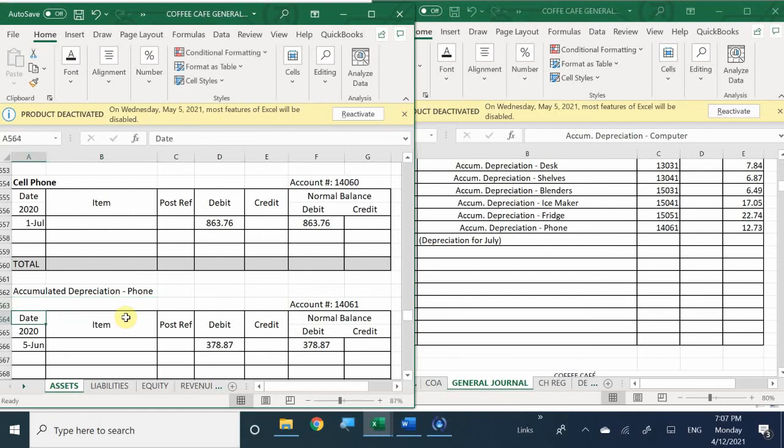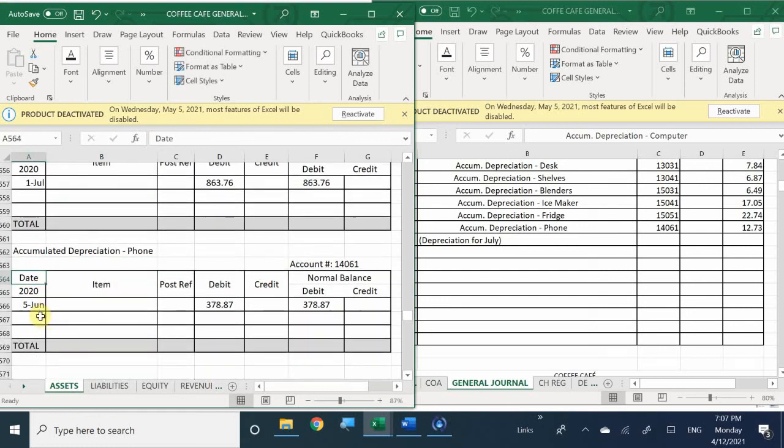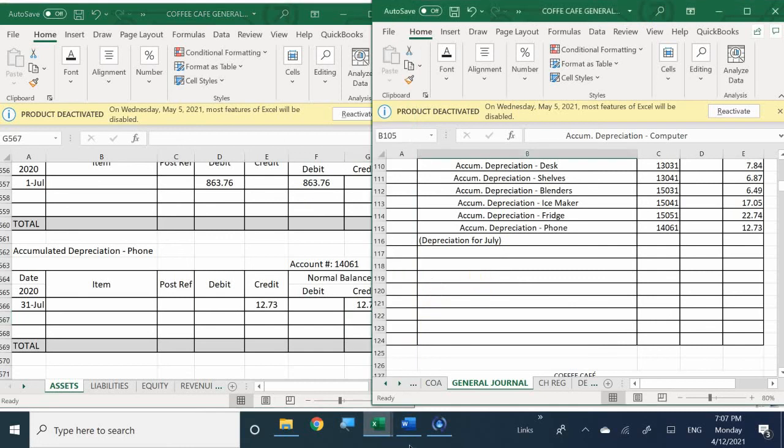So accumulated depreciation for the phone, $7.31. It's not a debit, so here it's a credit for a total of $12.73. So now that we journalized it and we posted to our ledger, let's see what has happened next.